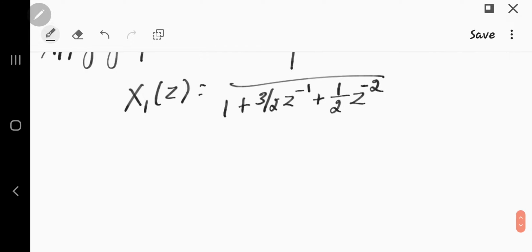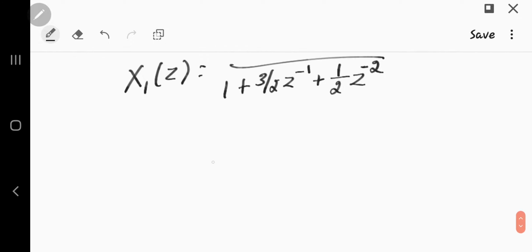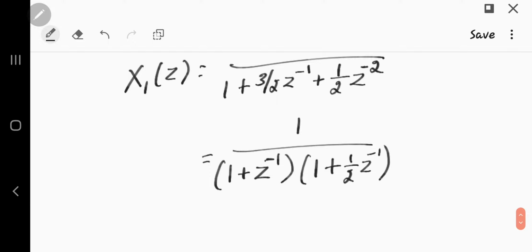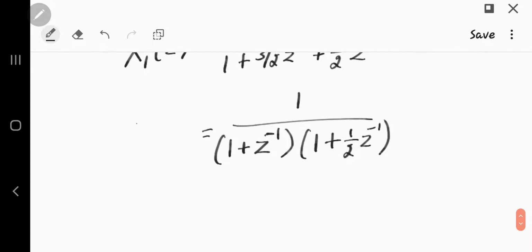Now if you take the factors, you'll get 1 divided by 1 plus 1 by 2 z inverse. We are usually taking 1 by 2 first, but in this case let's make it different. I'll take 1 first here, 1 plus z inverse, and 1 plus 1 by 2 z inverse; you can write any one first.